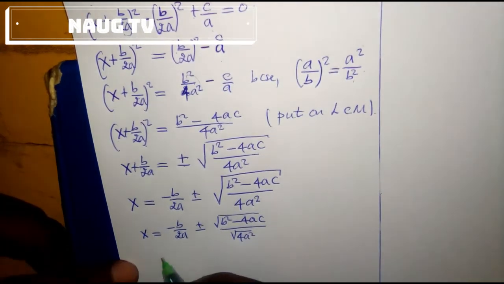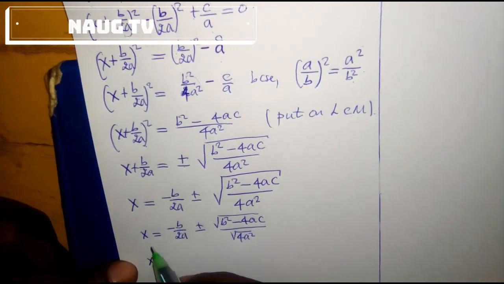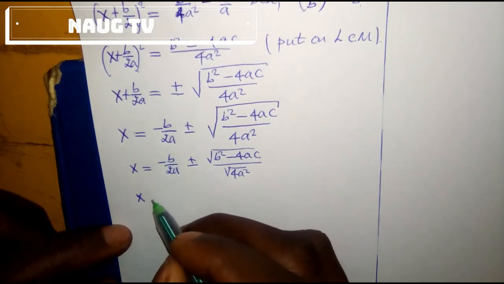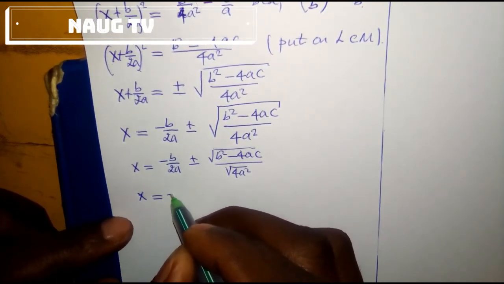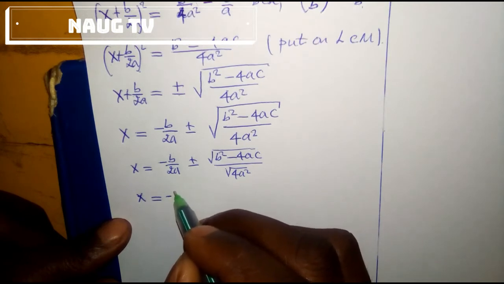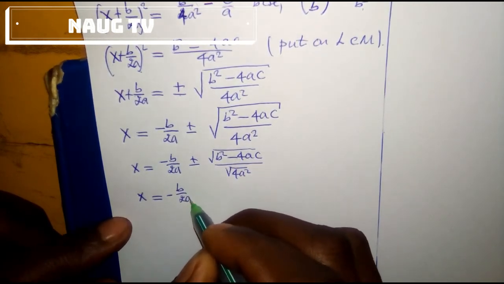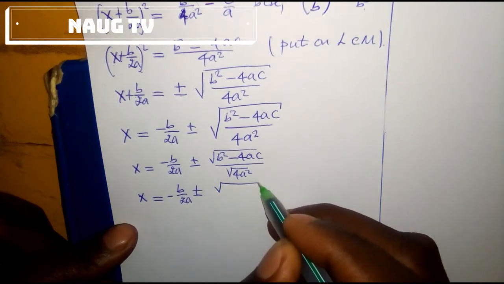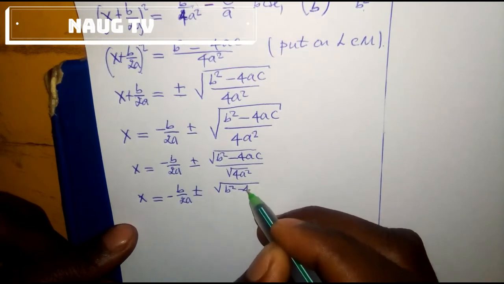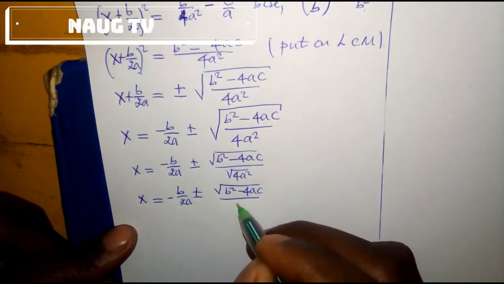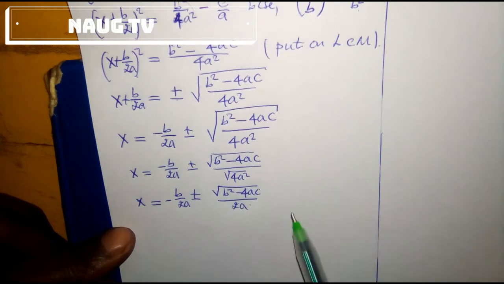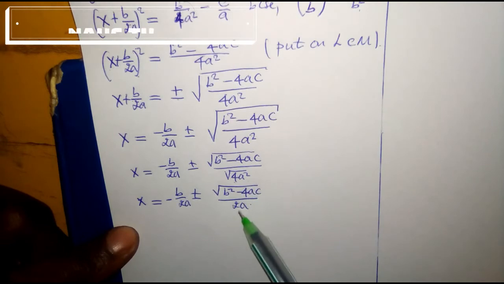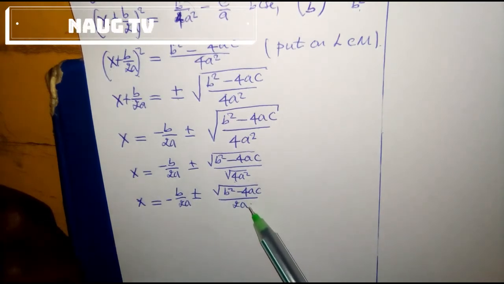Now, this would give x, which is equal to negative b over 2a plus or negative square root of b squared negative 4ac over 2a, because square root of 4a squared would be equal to 2a. Okay.